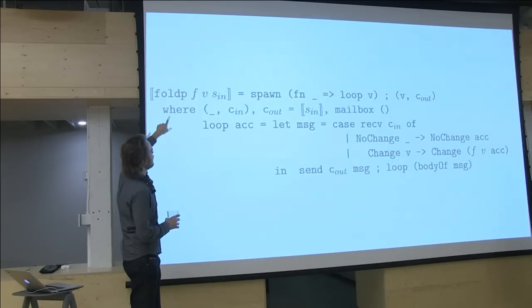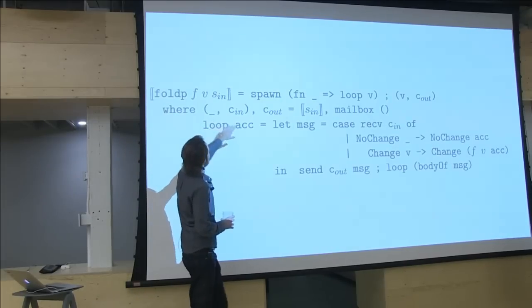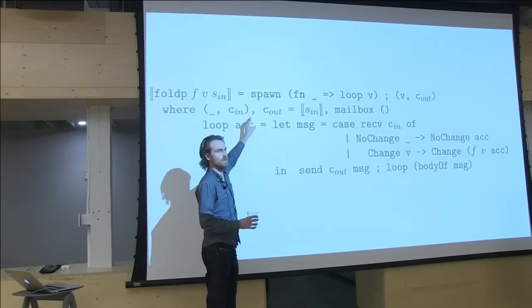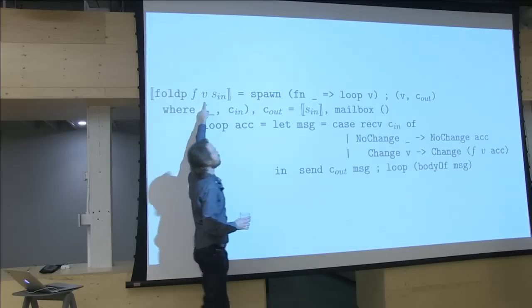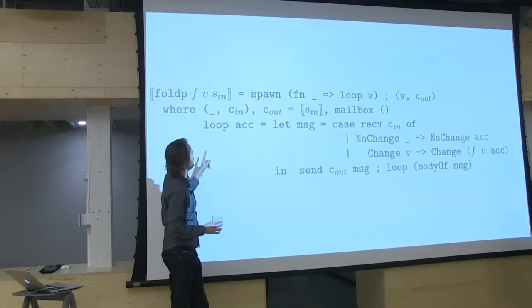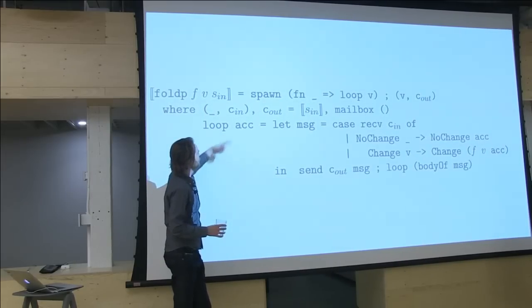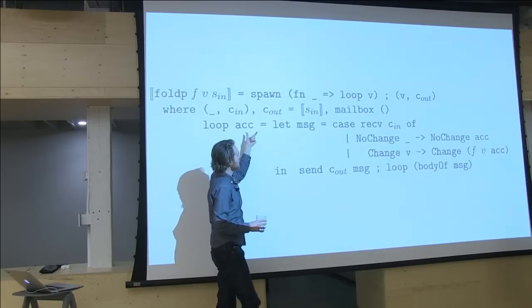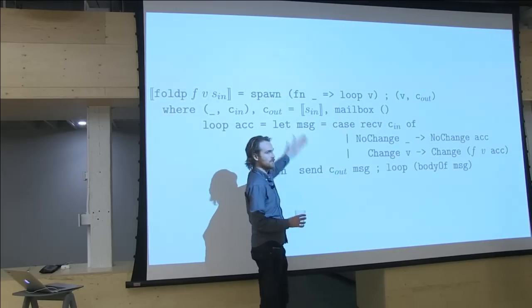So here we've got the same kind of preamble. So here's the input signal. We get the pair from that, but this time we only care about the input channel because we're getting our initial value from the base that was provided. So then we loop, and the accumulator is changing every time.